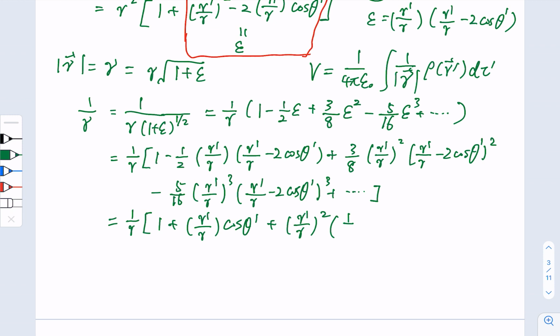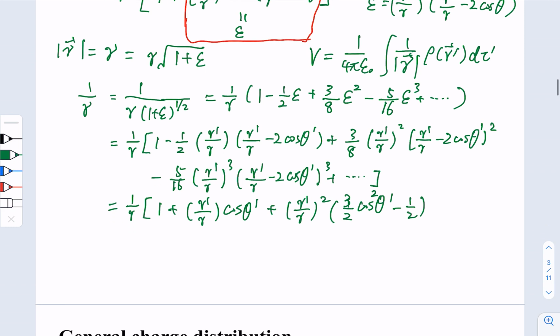So here 2 squared gives 4, and the second term simply gives 2 over 3 cosine theta prime squared, and the first term gives minus half.